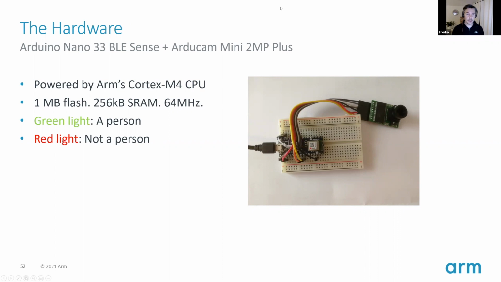The board has 1 megabyte of flash, 256 kilobytes of SRAM, and it's clocked at 64 megahertz. It's equipped with a diode, which will show a green light if a person is detected and a red light if the person is not detected. Then I think maybe a blue light flicks by as well as the image is being captured.